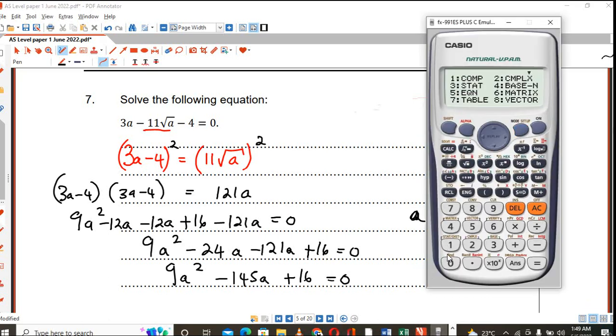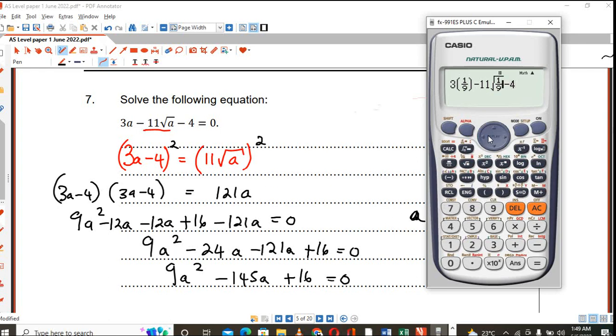So let me just go back and I say 3 times 1 over 9. Okay, so what I'm doing is I'm looking at this, minus 11 times the square root of 1 upon 9, minus 4. Does it give me 0? No, it doesn't give me 0. All right, so it doesn't give me 0. So if I was to check that one, it won't work.